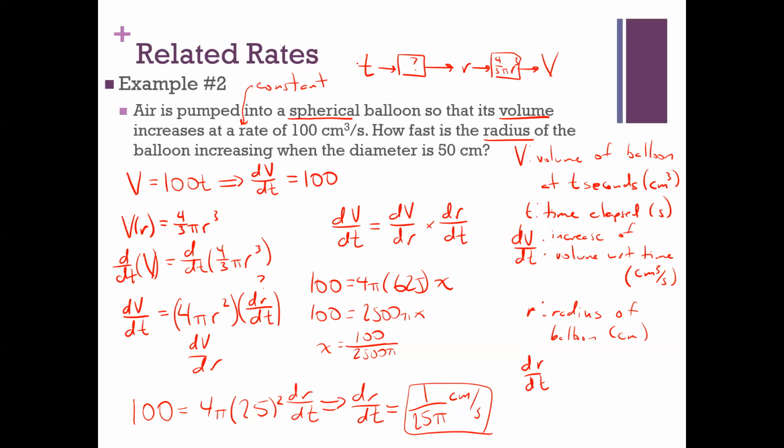In this case, as time goes on, the radius changes. So I'll call this function r of t. I'll call this function V of r. So then what you really have is V is a function of r, which is a function of t.